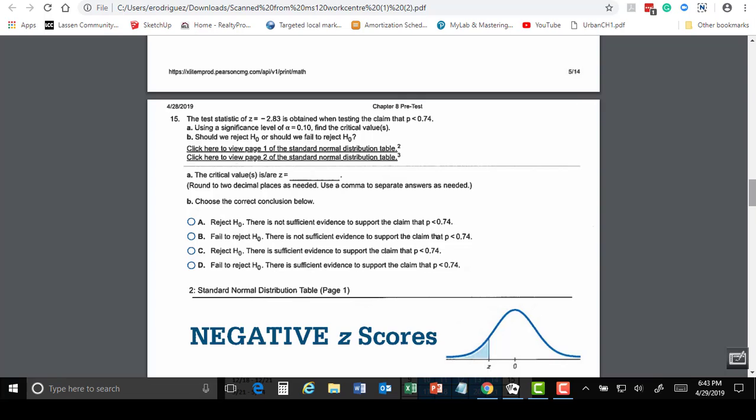So we reject the null, and there's sufficient evidence to support the claim, because we're rejecting the null. And the null is that p is equal, okay, we didn't reject that, right? We rejected the null, correct? And say there's sufficient evidence to support the alternative. Any questions? That would be number 15.